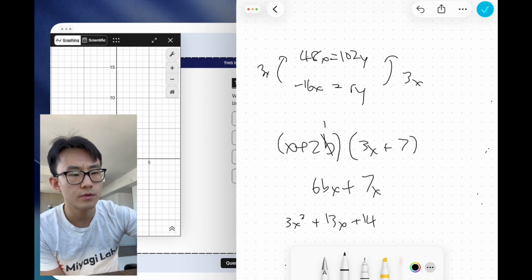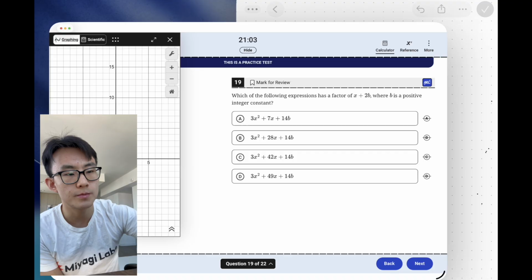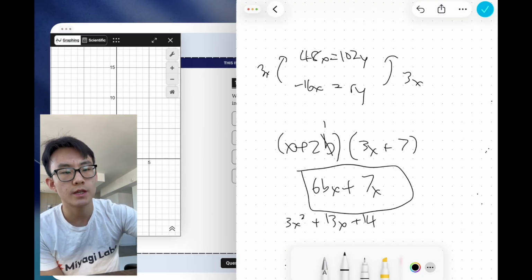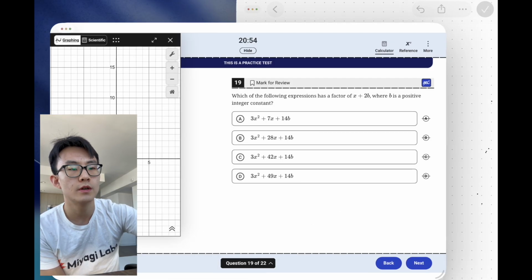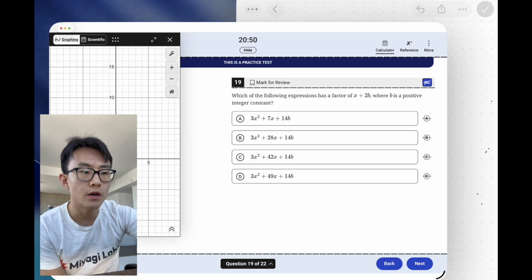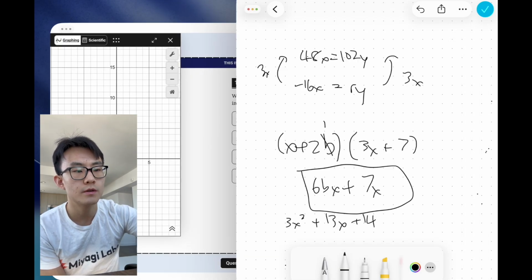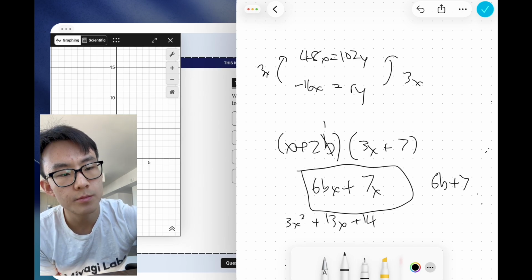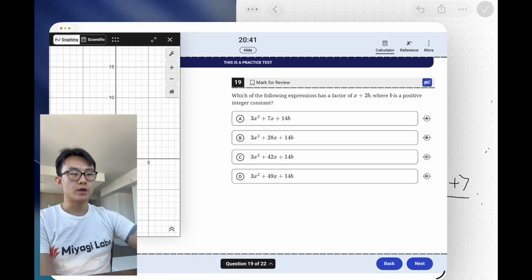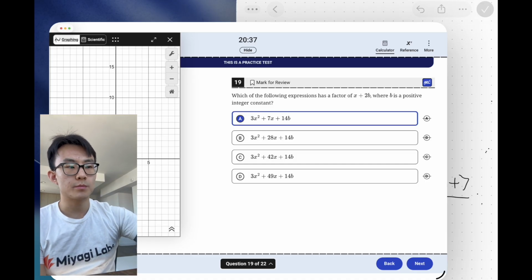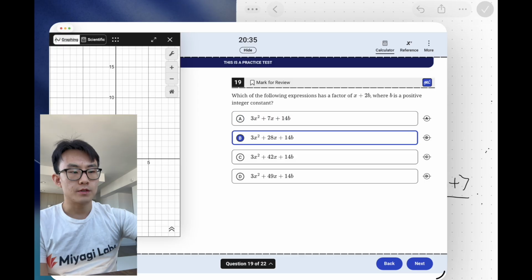That is a weird way to phrase the question. So it's basically saying 6b plus 7 has to be one of these values, some integer. It can't be 7, so 6b has to be our x term. So it has to be like 1 mod 6. It can't be 7 though, because it says b is a positive integer constant. So it has to be this.